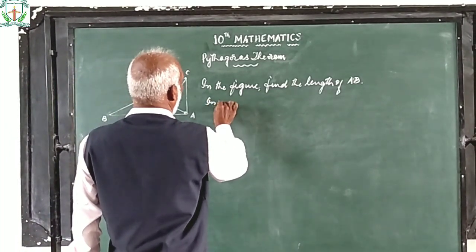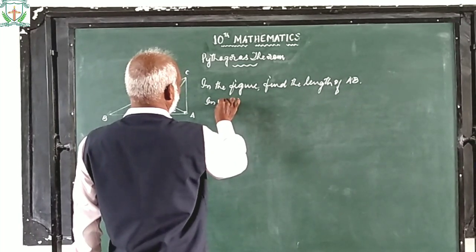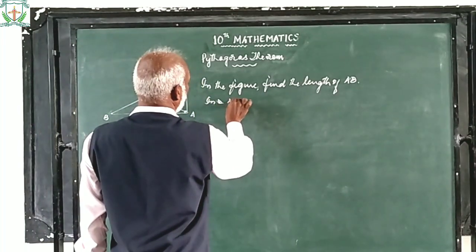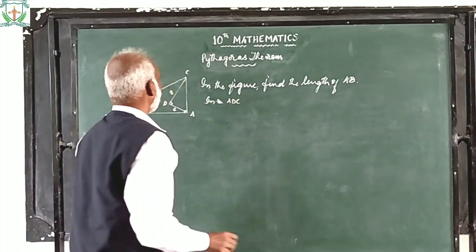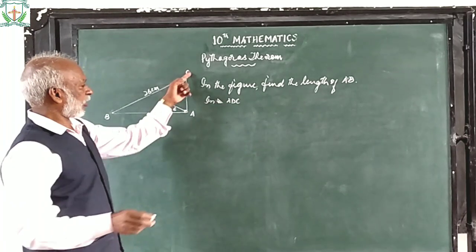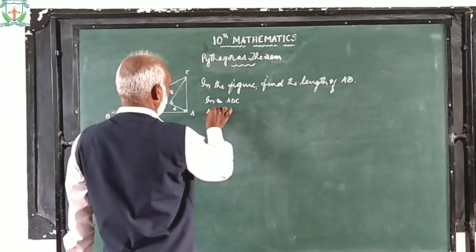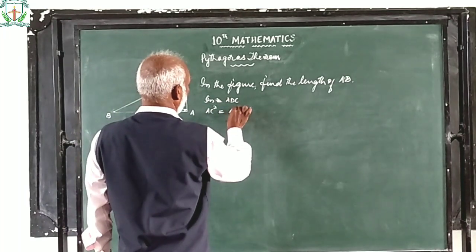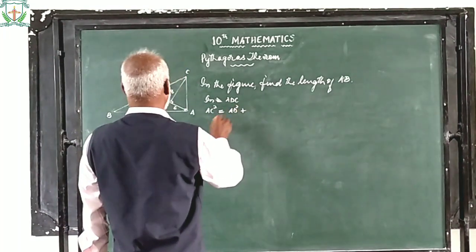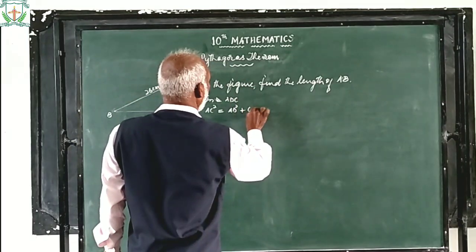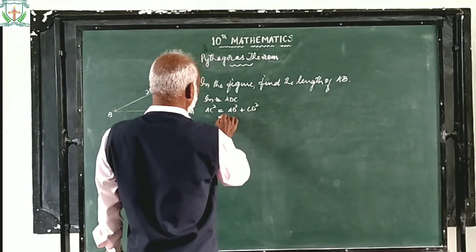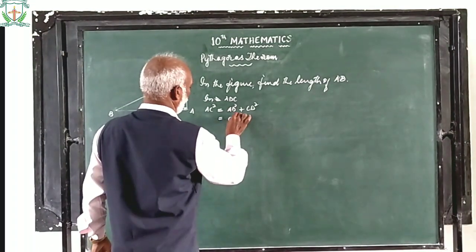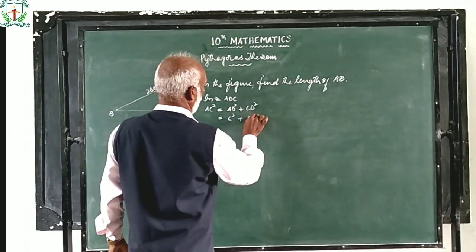In right-angled triangle ADC, AC square is equal to AD square plus DC square. So AD is 6 centimeters, or 6 square, and this is 8 square.